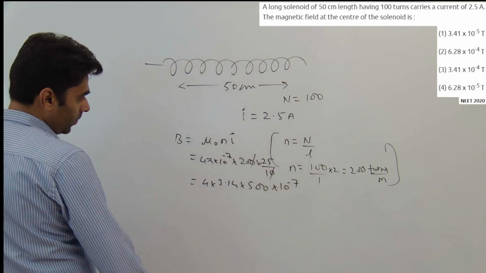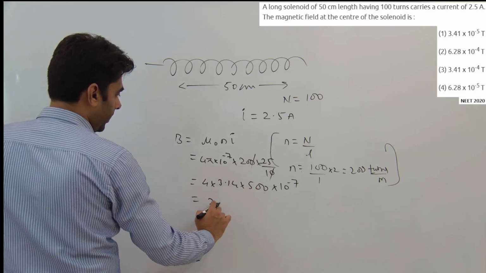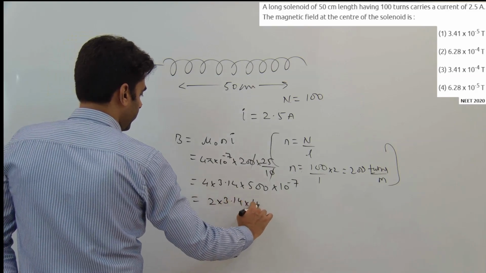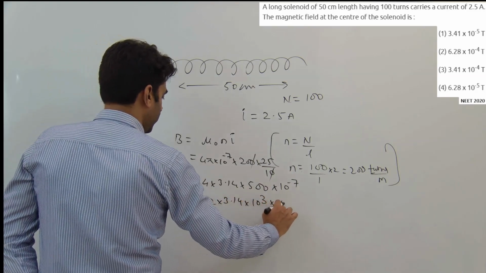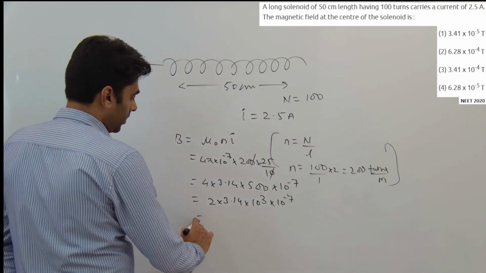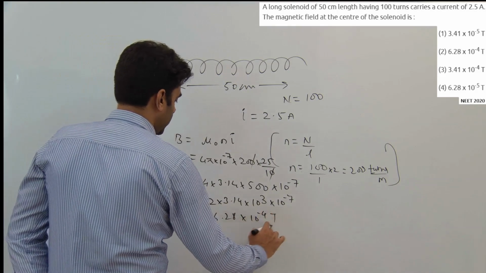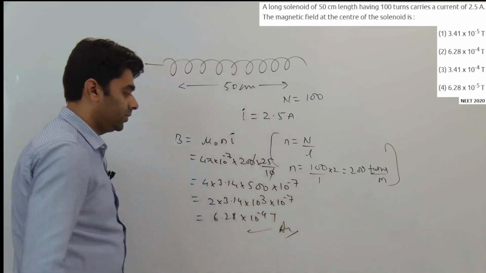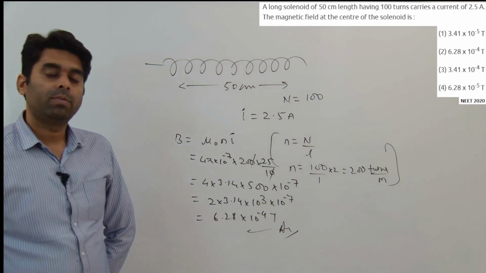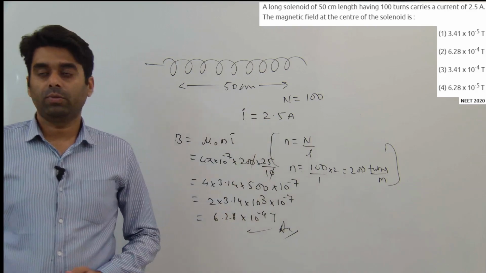So 2 into 3.14 into 10 power 3 into 10 power minus 7. 2 into 3.14 is 6.28 into 10 power minus 4 Tesla, right? Which option is given? 6.28 into 10 power minus 4, option number 2. Option number 2 is the correct answer, right? Let's move ahead.